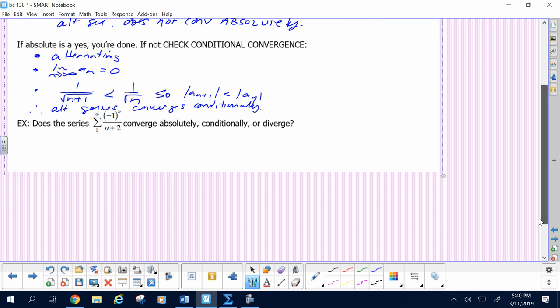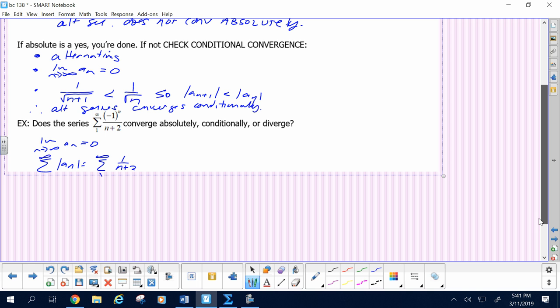All right, going on to another example here. Does the series given here converge absolutely, conditionally, or diverge? Well, following the same steps, do the terms go to 0? And yes, they do. It has a chance. Absolute convergence is the series 1 over n plus 2.